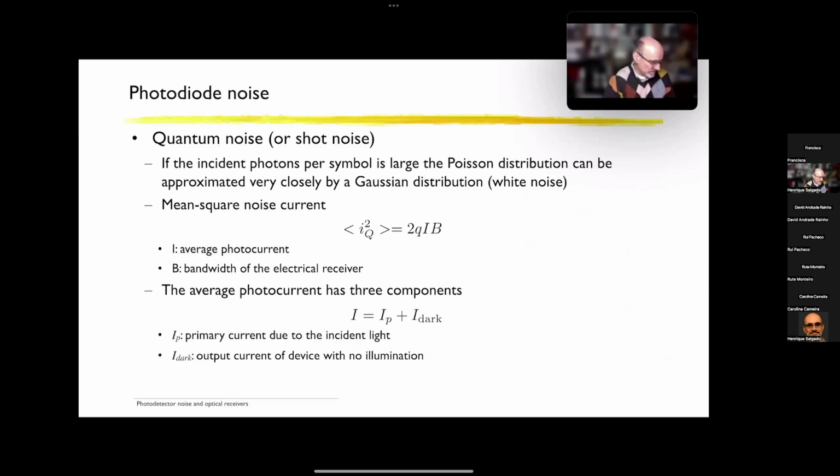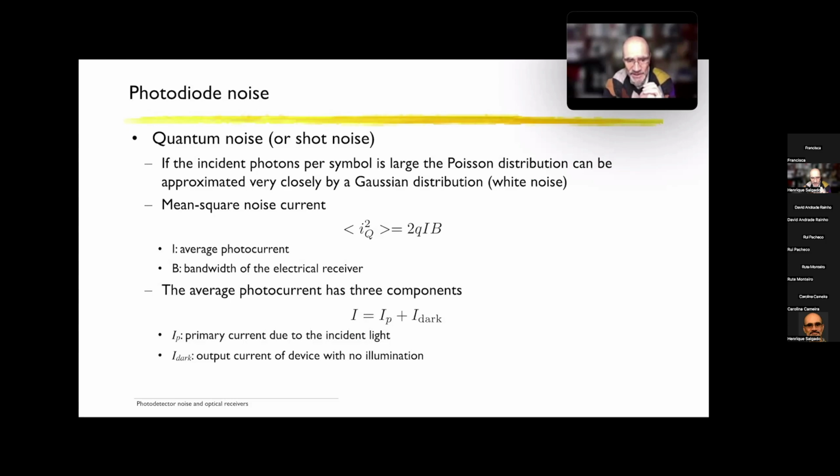So, as I said, the quantum noise, sometimes also called shot noise, when combined with thermal noise that follows a Gaussian distribution, is not easy to treat mathematically. But if the incident photons per symbol is large, the Poisson distribution can be approximated very closely to a Gaussian distribution, which is the case that we are going to consider here.